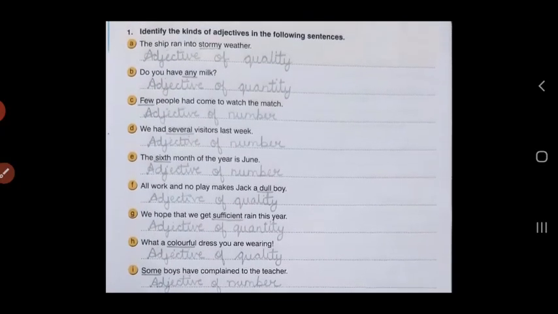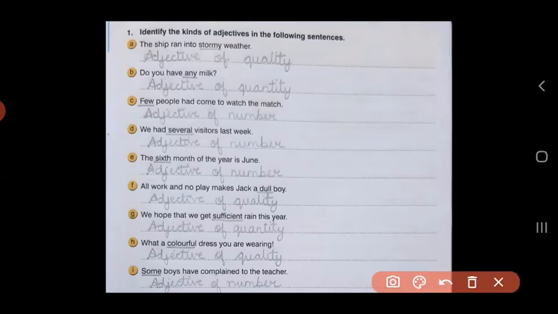Now let us do an exercise to identify the kinds of adjectives in the following sentences. First, we will underline the adjective in the sentence and then identify the kind. The first sentence, the ship ran into stormy weather. The noun is weather. I can ask the question, what kind of weather?